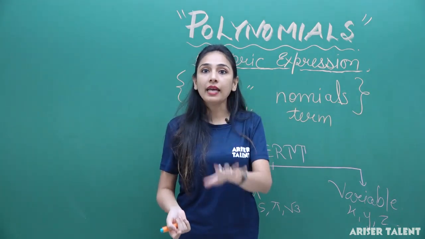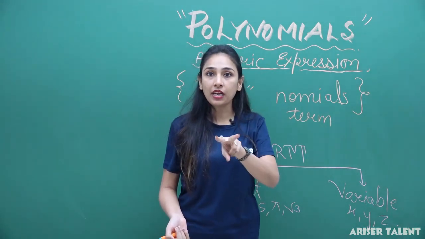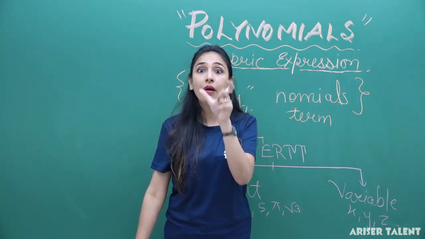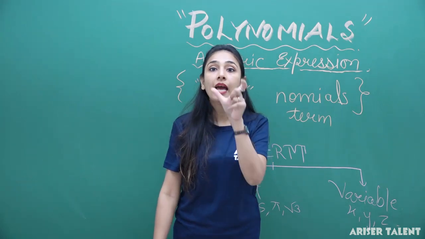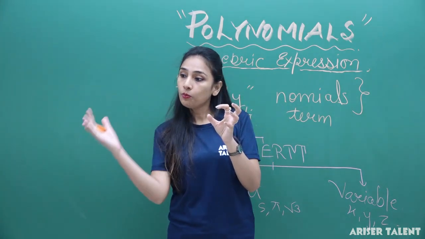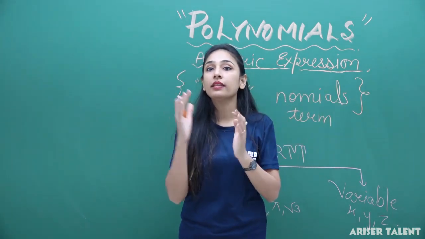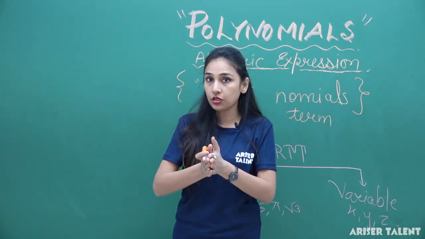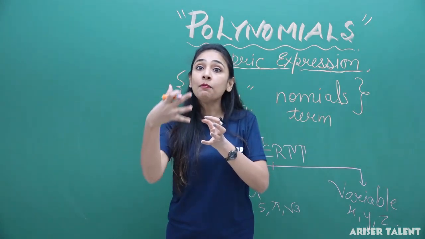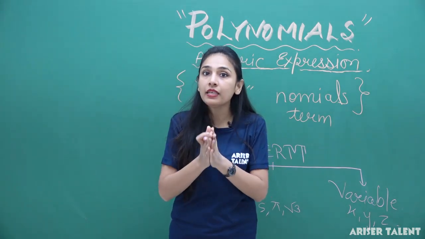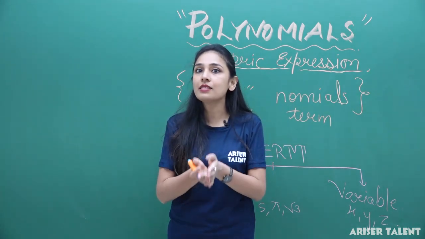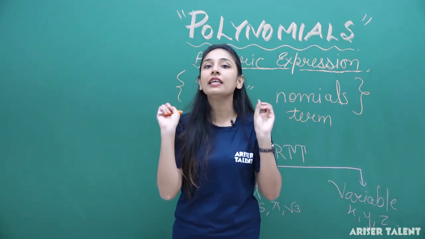I repeat, by the sign of addition and subtraction, not by divide, not by multiply, only by the plus sign and the minus sign, you are going to put these terms together in an algebraic expression, and that algebraic expression, with some particular conditions, will be termed as a polynomial. That means this is with some terms and conditions.